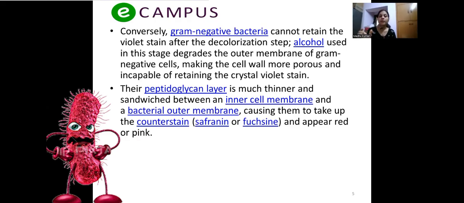Their peptidoglycan layer is much thinner and sandwiched between the inner membrane and the bacterial outer membrane.